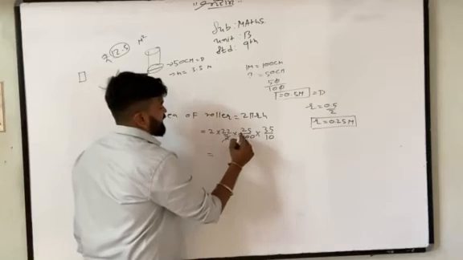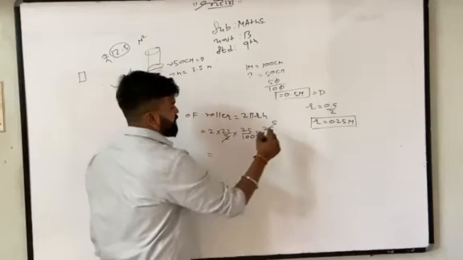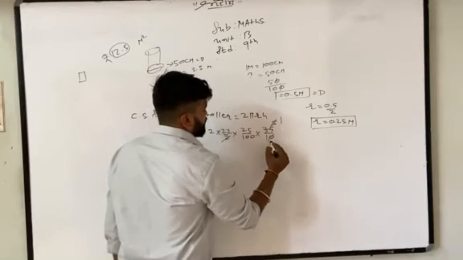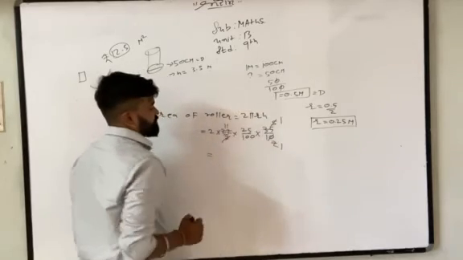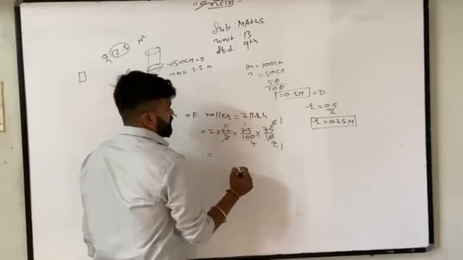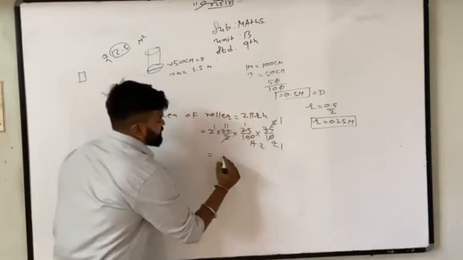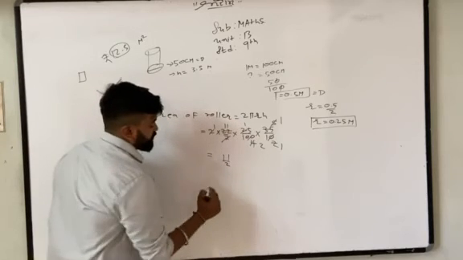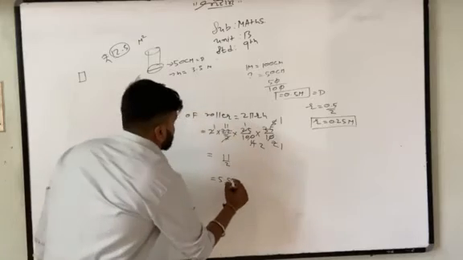So here this gets cancelled. 7 ones are 7, 5 fives are 35. Again 5 ones are 5, 2 fives are 10. Again 2 ones are 2, 11 twos are 22. So this is equal to 1 by 4. Again 2 ones are 2, 2 twos are 4. So our last answer is 11 divided by 2. Dividing this, we will get 5.5 meter square.